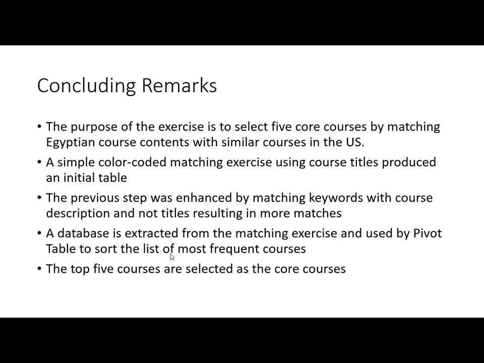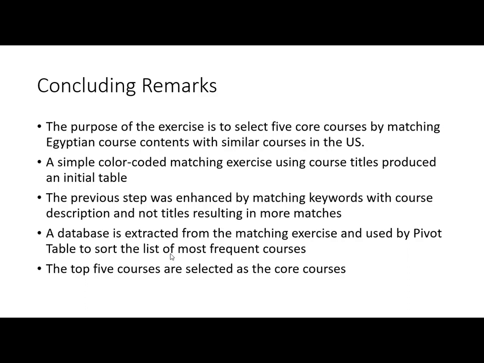To summarize what we have presented, the purpose of the exercise is to select 5 core courses by matching Egyptian course contents with similar contents in the United States, 5 universities on each side. A simple color-coded matching exercise using course titles produced an initial table, but the previous step was enhanced by matching keywords with course description and not titles, resulting in more matches.